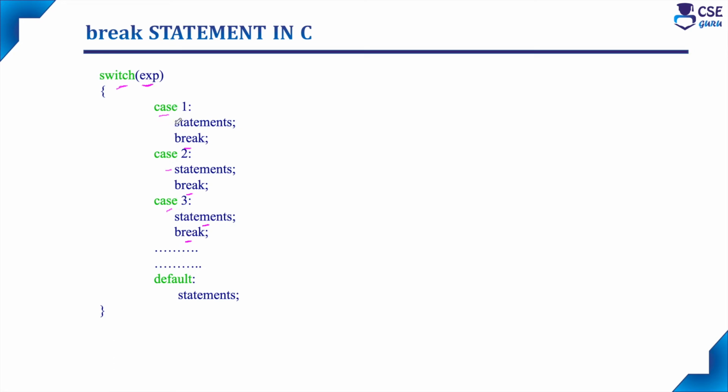It won't execute all the case statements. The expression will match with one of the case values, so only the corresponding statements will execute. After executing them, it has to break out of the switch case block. For that purpose it is used in the switch statement. So this recommends a structured programming style.